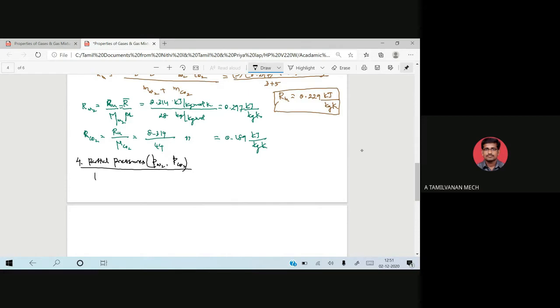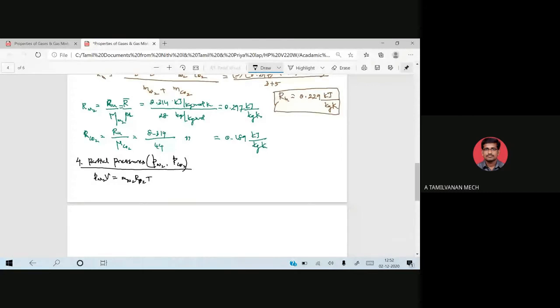P of N2 times V is equal to m of N2 times R of N2 times temperature. This is one formula, but it takes more time to substitute and find the answer. So we have another formula, a relationship between the mole fraction, total pressure and partial pressure.